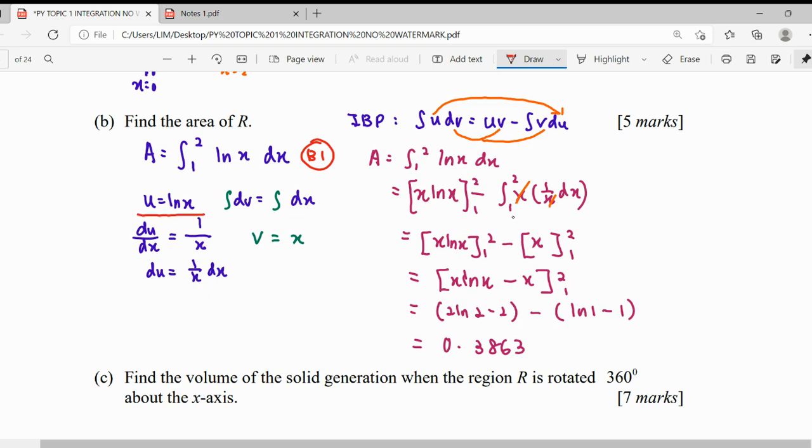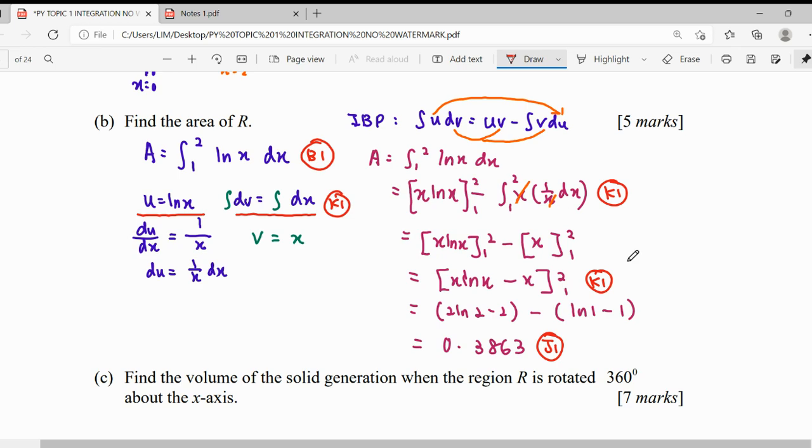The concept is how you define your u and dv, which is a very important concept. And then its formula. After you put in the integration by parts formula, then you integrate and substitute the limit. So that's the answer. This is how we get these 5 marks.